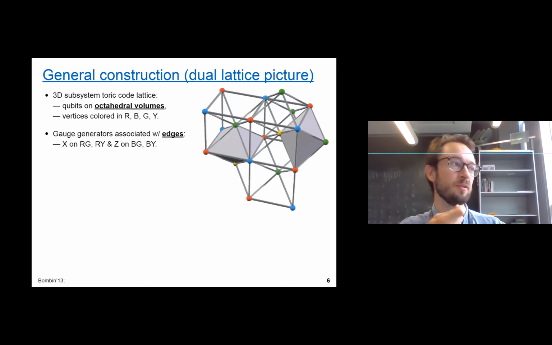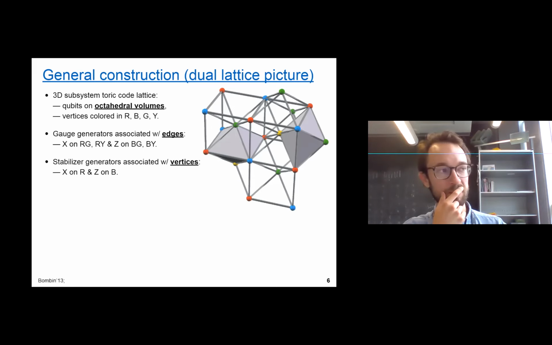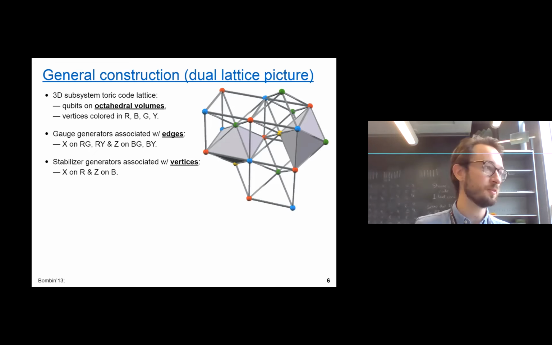By that I mean, if you have a gauge operator associated with an edge, you just act with, let's say, X on all the octahedra containing this edge. And then stabilizers, similarly, if you have a stabilizer associated with a vertex, like an X stabilizer, you'd act with X on all the octahedra containing this vertex.